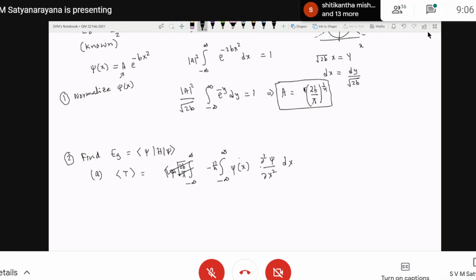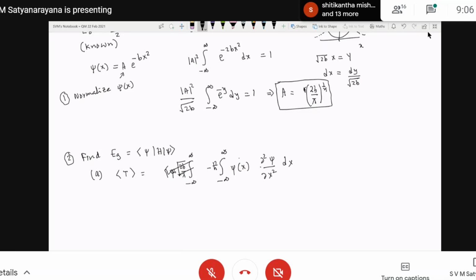Now this I can write as 2 times 0 to infinity, and this is basically gamma of 3 by 2. Gamma of 3 by 2 is half gamma of half, that is equal to root pi by 2.